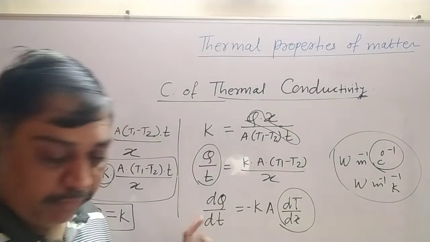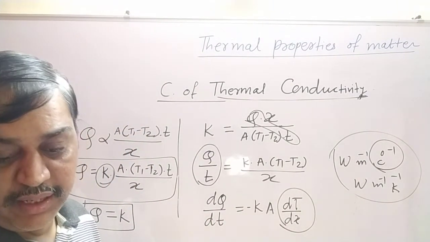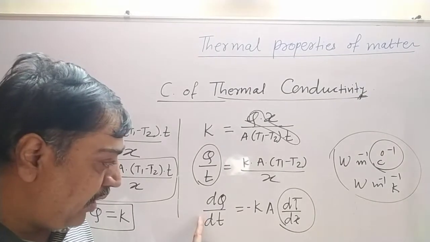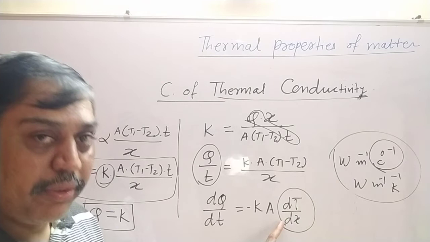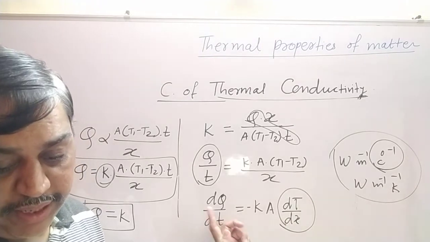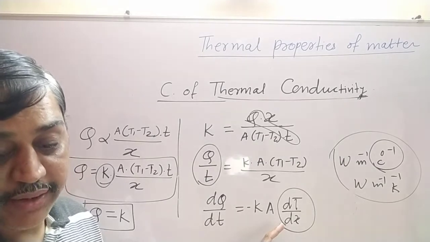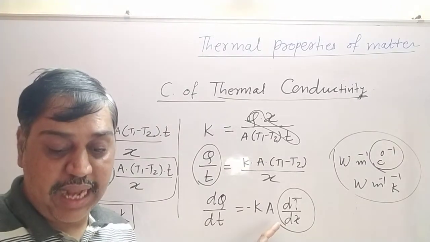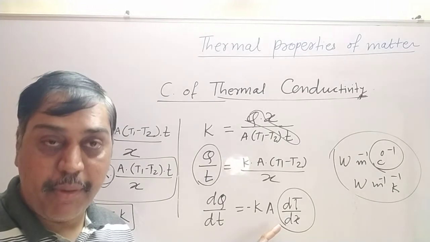So it is defined as the rate of flow of heat per unit time per unit temperature gradient, when heat flow is at right angle to the faces of a thin parallel sided slab of material.